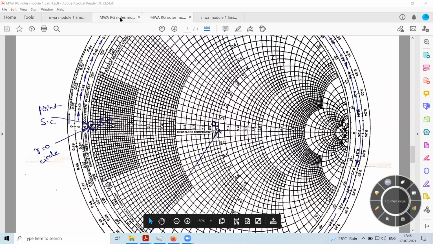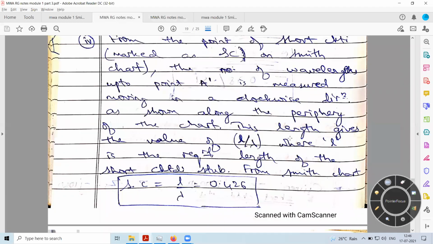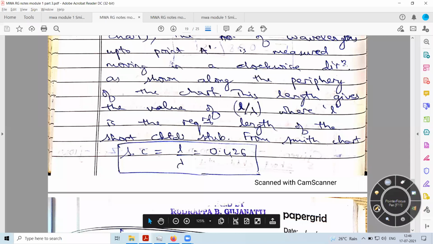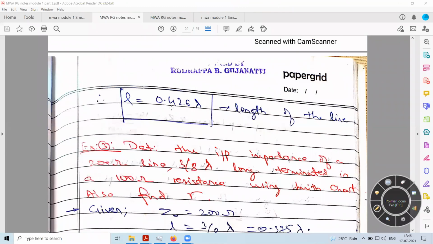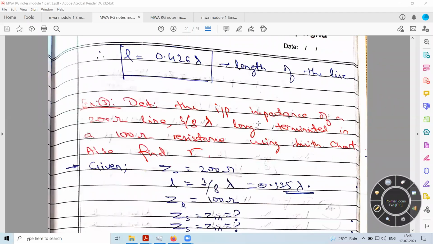So in this case, we obtained L by lambda equal to 0.426. Therefore, length is equal to 0.426 times lambda. This is how you identify the length.